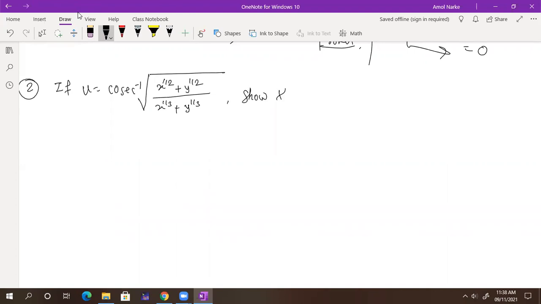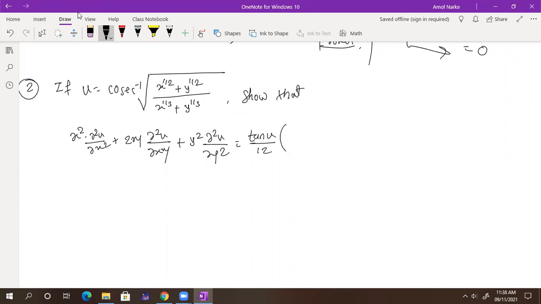that x square into del 2u by del x square plus 2xy del 2u by del x del y plus y square into del 2u by del y square is equal to the value of that function, which is tan u by 12 into 13 by 12 plus tan square u by 12.